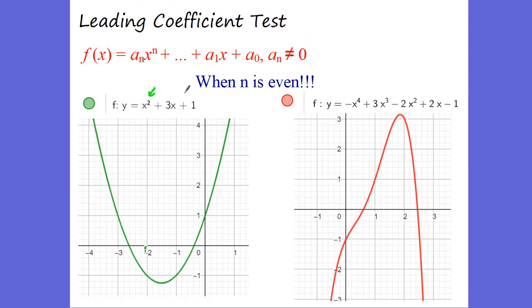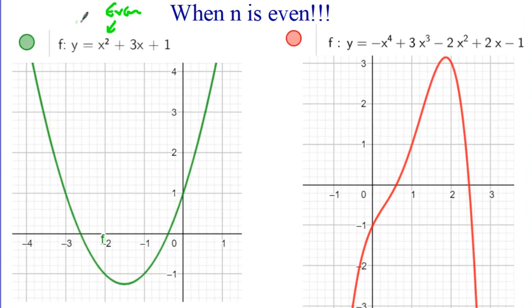So you can see we have an x squared graph. This is a quadratic, an even number right here, and you can see the a is a positive value right here. So we're going to start with our left-hand behavior, the limit as x approaches negative infinity, as we keep going this way towards negative infinity right here.